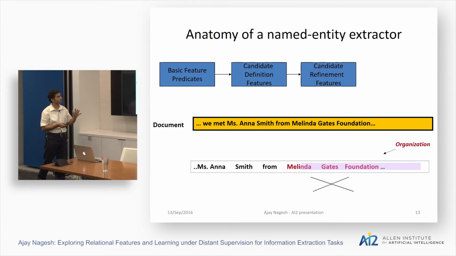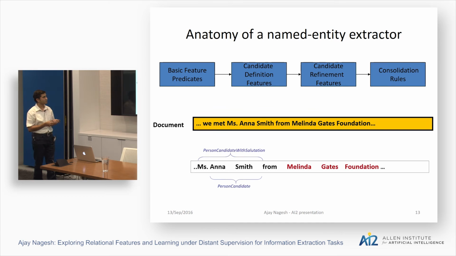Then you have multiple rules, and you would want to consolidate them, in the sense that there could be multiple overlapping spans annotated by a set of rules, and we would like to use some kind of consolidation policy. It could be a contains-within consolidation or an overlap consolidation or things like that.